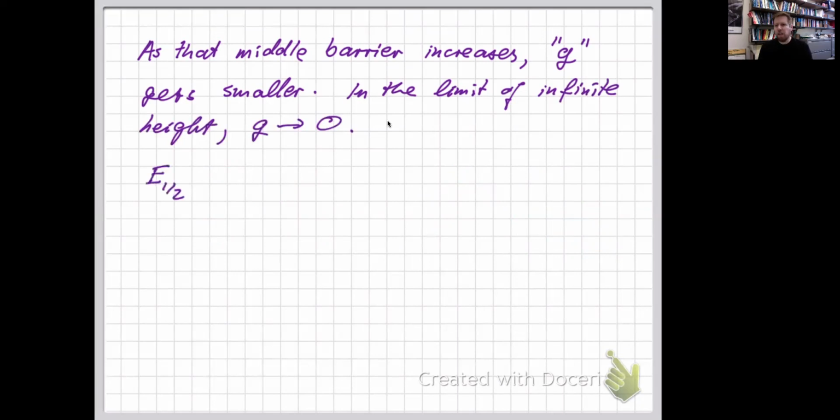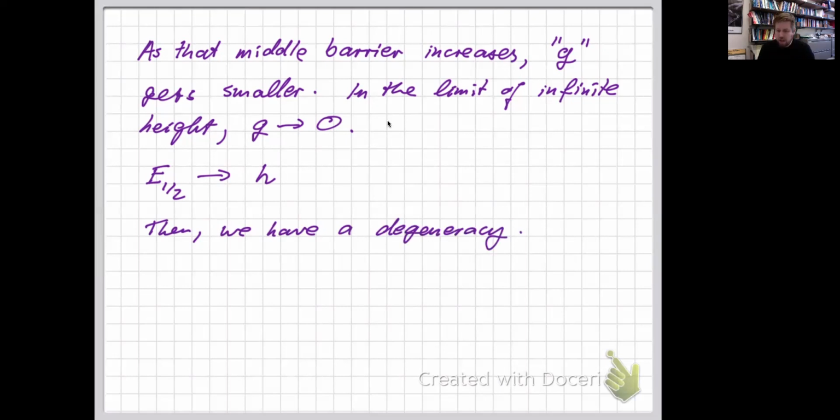In that case, when it does approach 0, the two eigenvalues actually both converge to H, right? Because one eigenvalue was H minus G, the other one was H plus G. If G goes to 0, they're both converging on H. And so then we have a degeneracy, because we have two states with the same eigenvalue, the same energy.